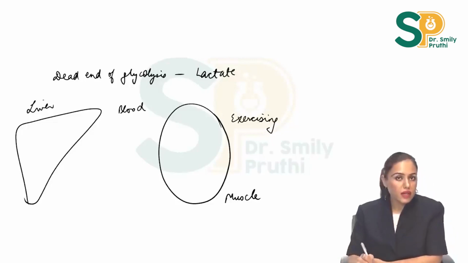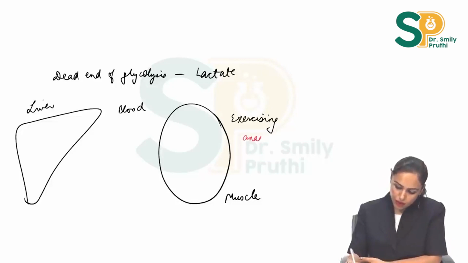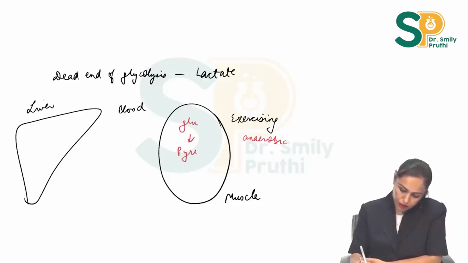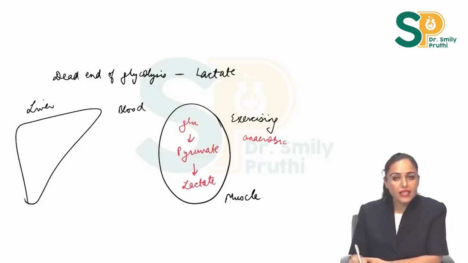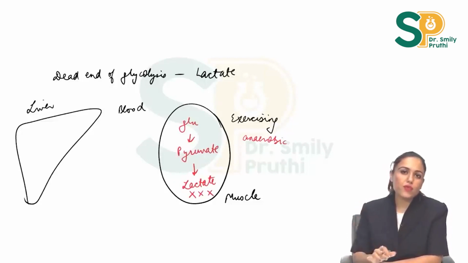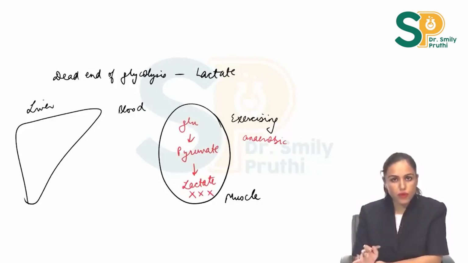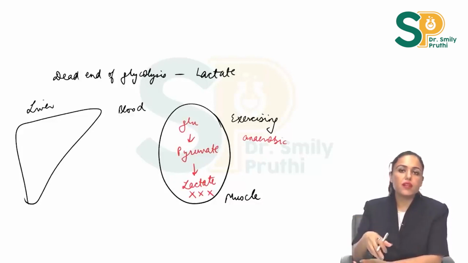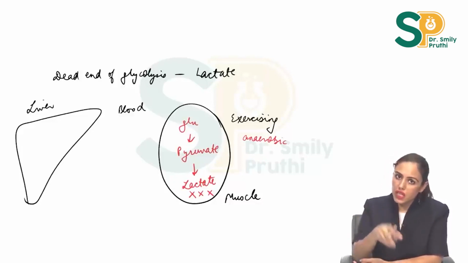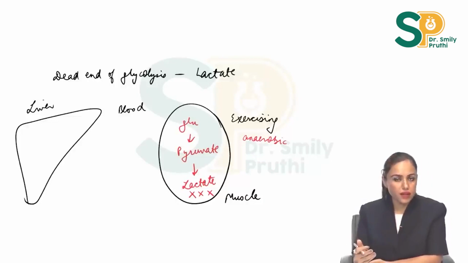Now, during exercise, anaerobic conditions are created so that in this muscle cell, glucose will form pyruvate and then pyruvate will form lactate because of anaerobic glycolysis. Now, lactate is the dead end of glycolysis, meaning when lactate is formed, after that nothing can be formed. That is, in this muscle cell where lactate is formed, lactate is the dead end.